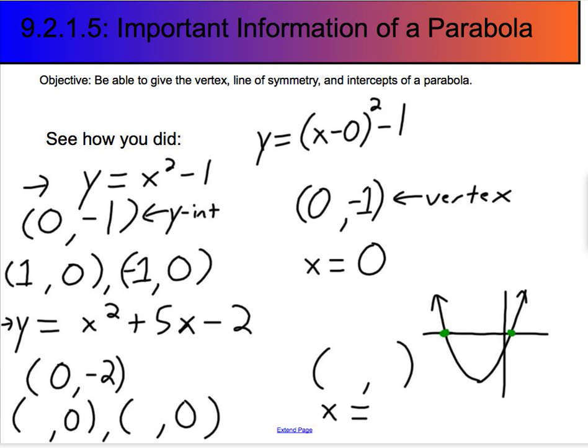And what it looks like for me, this point right here looks like it's pretty close to negative 5.4 comma 0. And what it looks like over here when I zoom into that one is about 0.4 comma 0. And that's good enough for me. That isn't exact. You can find the exact answers by using the quadratic formula. But that gets me close to what the two x-intercepts are. I guess I'll copy them over here.